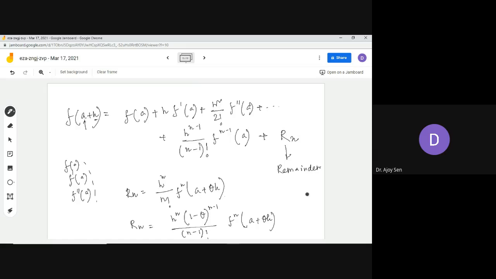So theta is nothing but this thing. These are two remainder forms. The first one is called Lagrange's remainder, and the last is called Cauchy's form of remainder.